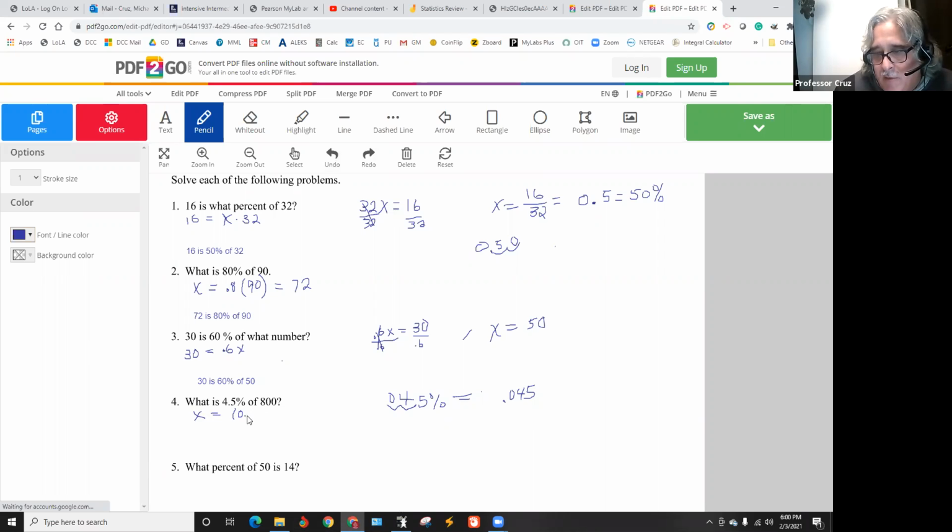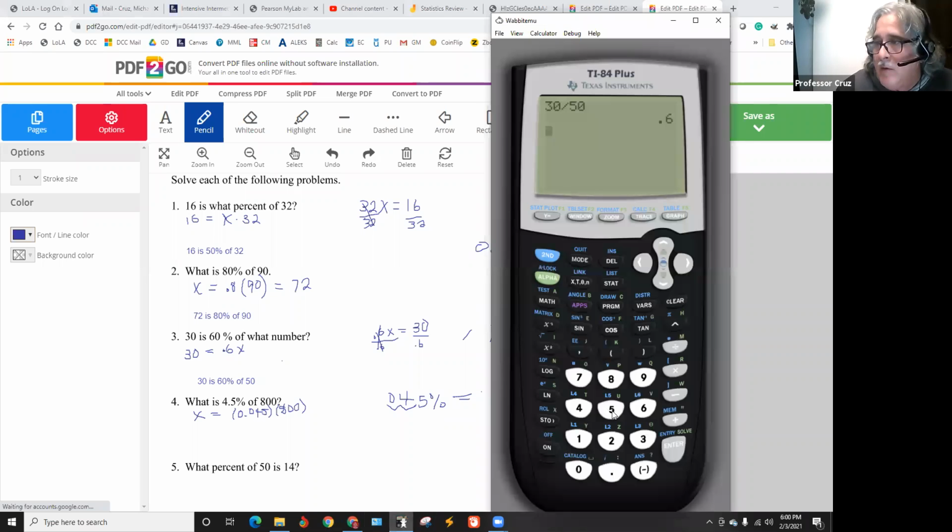It doesn't hurt to have that in front. All right, so 800 times 0.045. So 36.